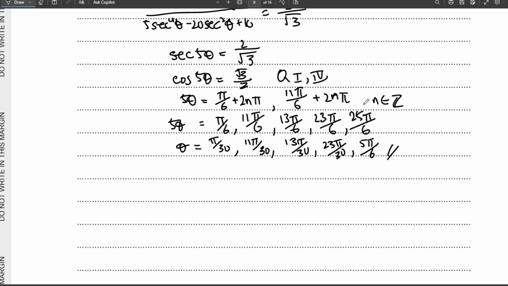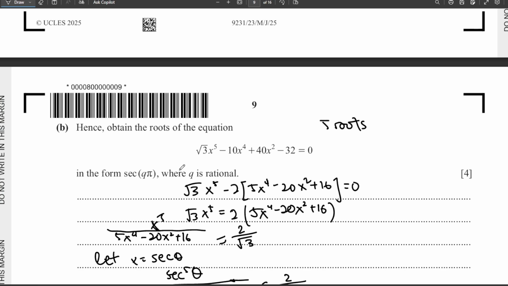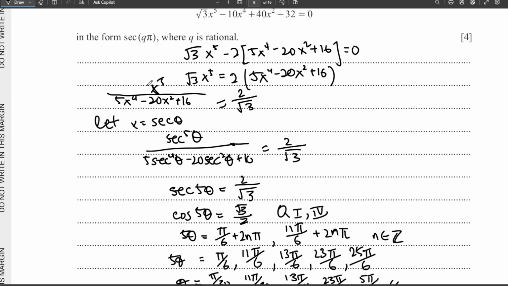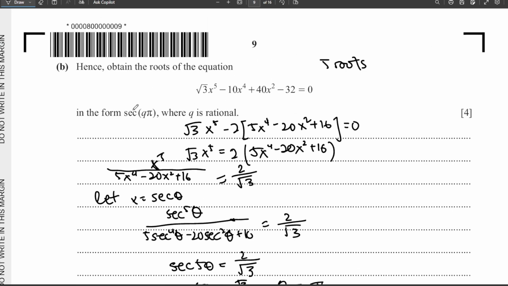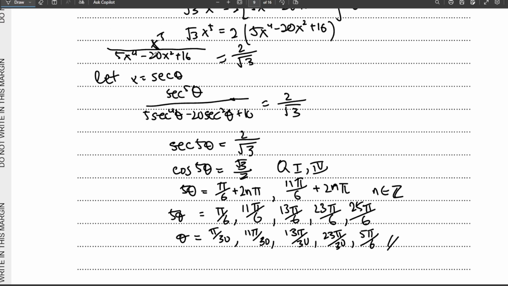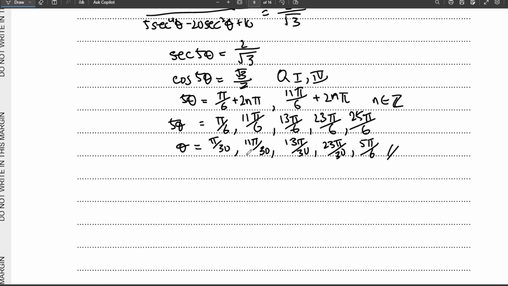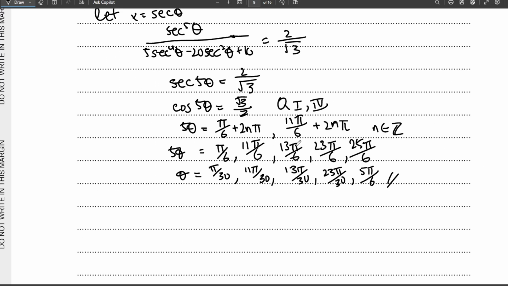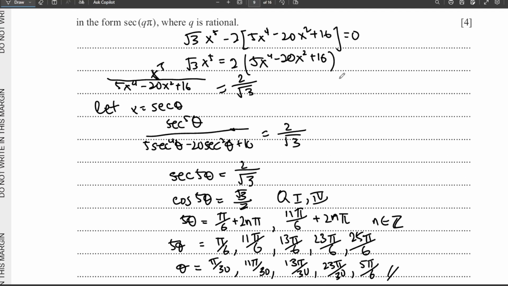So after you have got all the solutions, we find theta already. What does the question want? We want the roots in the form of secant q pi. So all is in terms of pi already. That's what they want in exact form, I suspect.